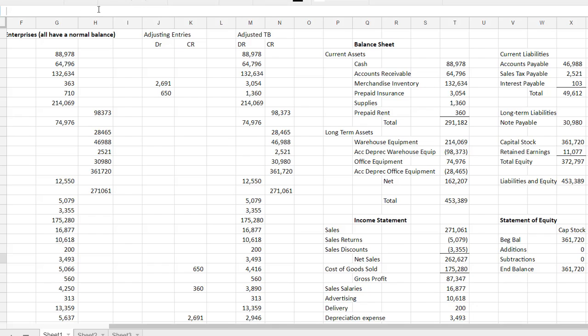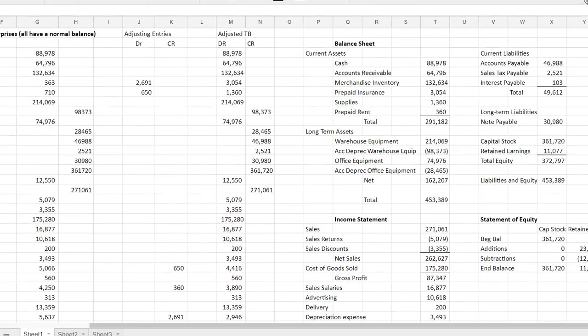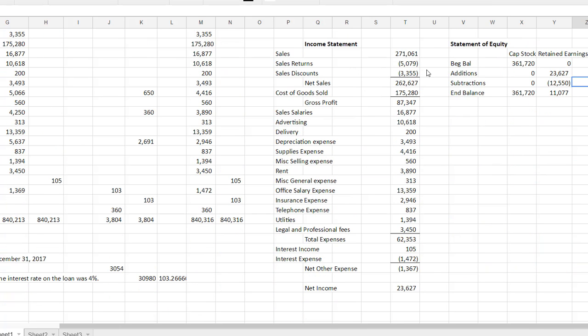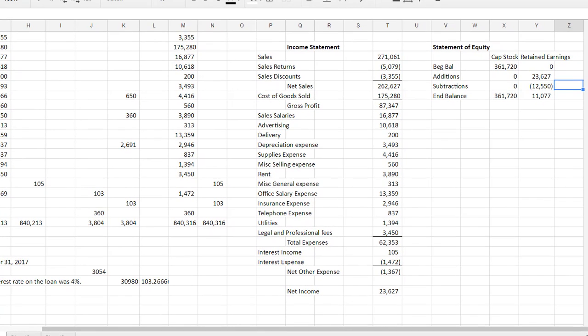Let's move our pane over here a little bit so we can see this a little better. Should start with the income statement. Here's what it should look like. Then the statement of equity, where you change capital stock, no change, retained earnings.